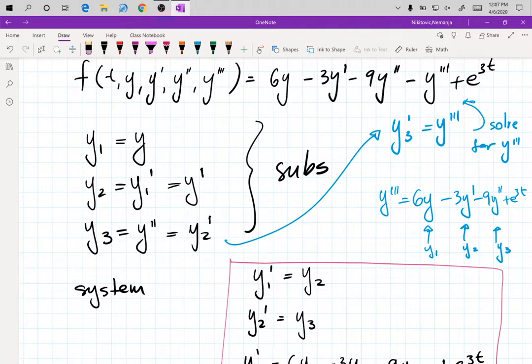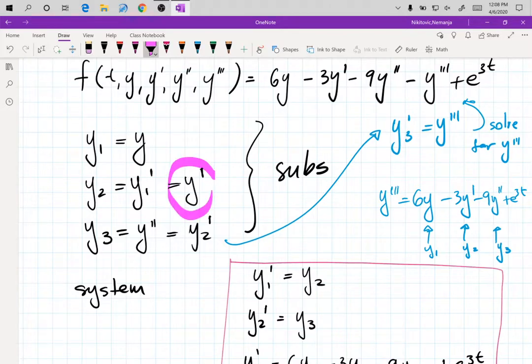So we start defining that the function y1 is equal to the original function y. That's the unknown function. I don't know what y is, right? But y1 is equal to y. Then y2 is going to be y1 prime.